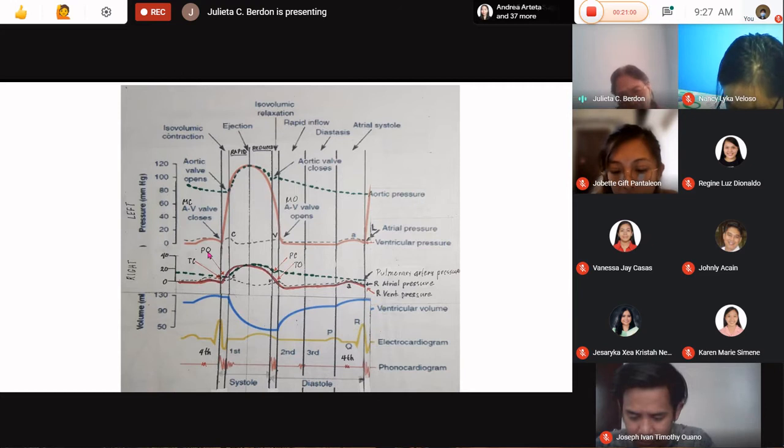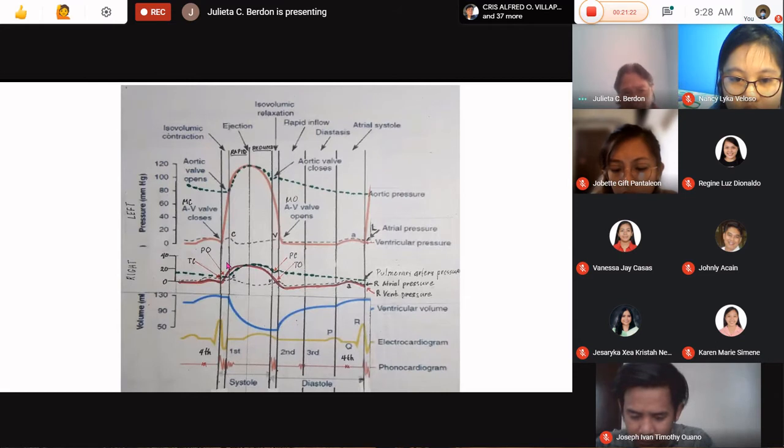They alternate. Here I use this diagram because I want to start with systole, followed by diastole, and then go again to systole.